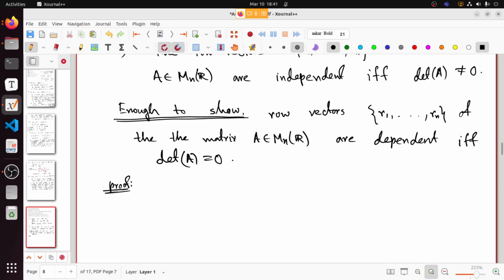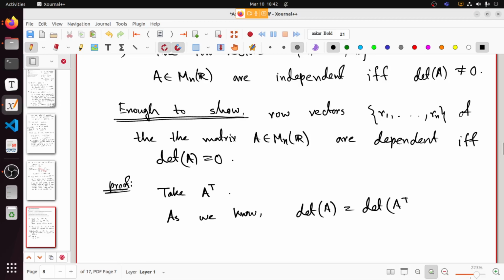Now take the transpose. Take A transpose. Right. So now the rows become the columns and the columns become the rows, right? As we also know, it was done in the class that the determinant of A is the same as the determinant of A transpose, right?